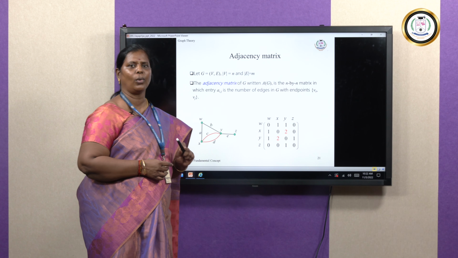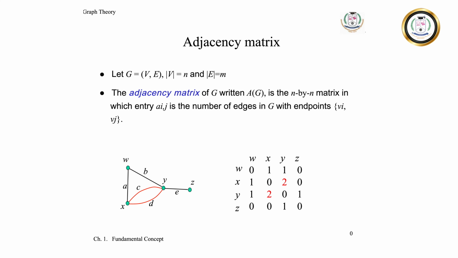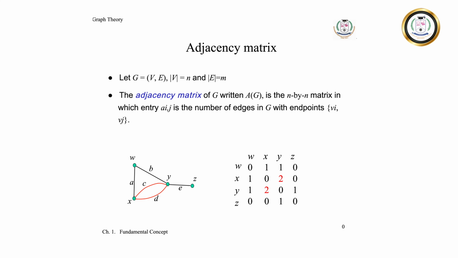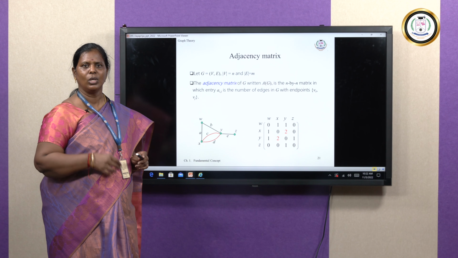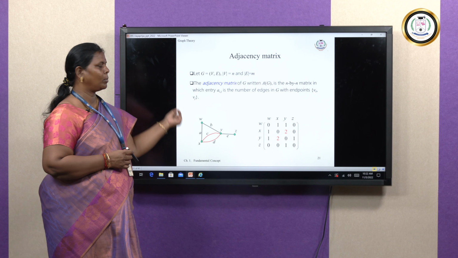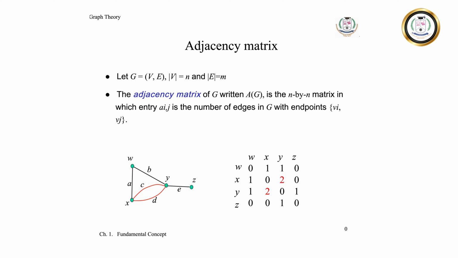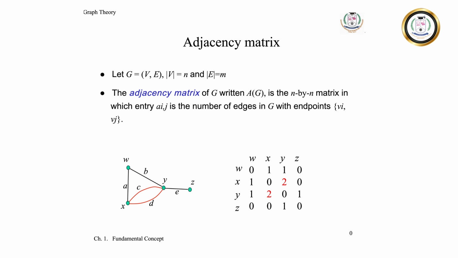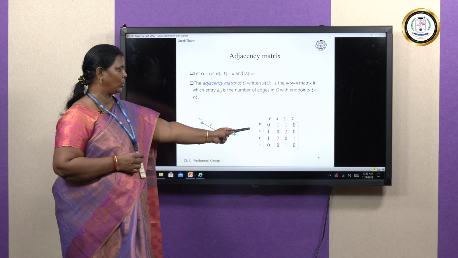Coming to the second row, how do we write it out? X is connected with W, yes. We are talking about an undirected graph here, where there is no direction. So, whenever we say connectivity, either you can say that from X to W there is an edge or from W to X there is an edge. So, we mark 1. And the next case, is there any loop on X? No. So, we mark 0.